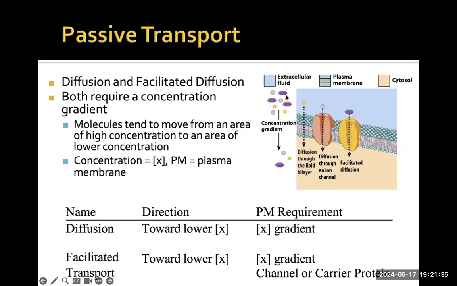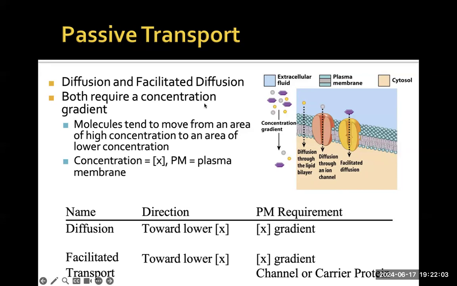In this example, they have different types of solutes, meaning solids. Let's say that the purple is sugar, the yellow is potassium, and the gray bubble is salt. All of these are solutes, and there's more on the blue side than there is on the yellow side.